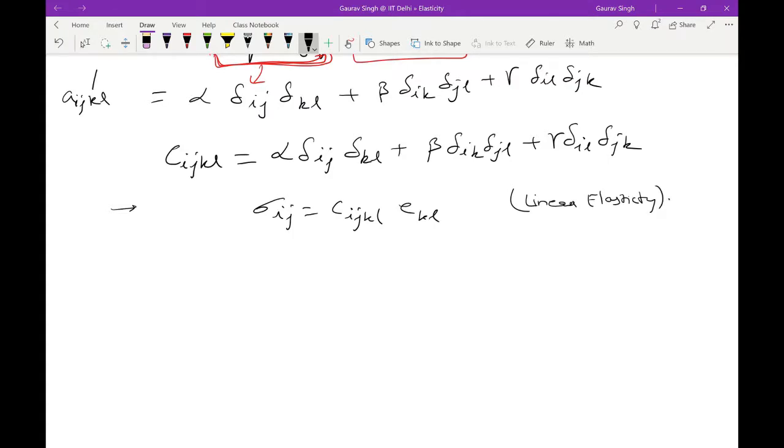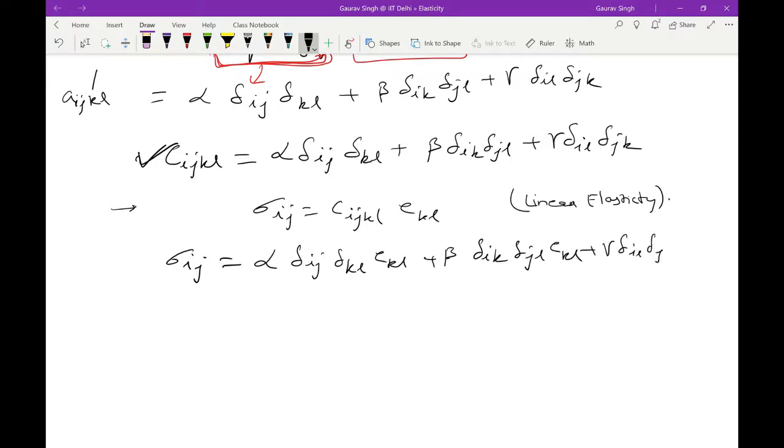This does not know anything about isotropy as of yet, but as soon as you put this form of Cijkl inside it, then clearly the material will be elastic other than being linear elastic. So let's do that. Alpha delta ij delta kl ekl plus beta delta ik delta jl ekl plus gamma delta il delta jk ekl.